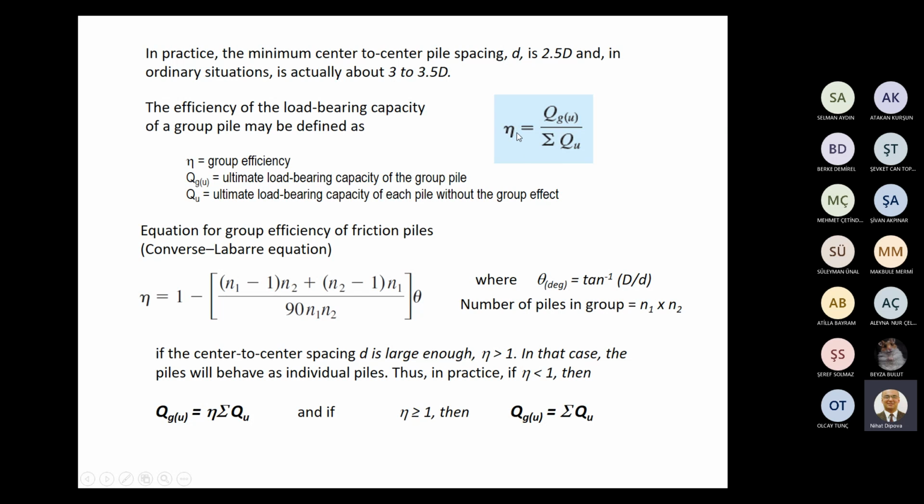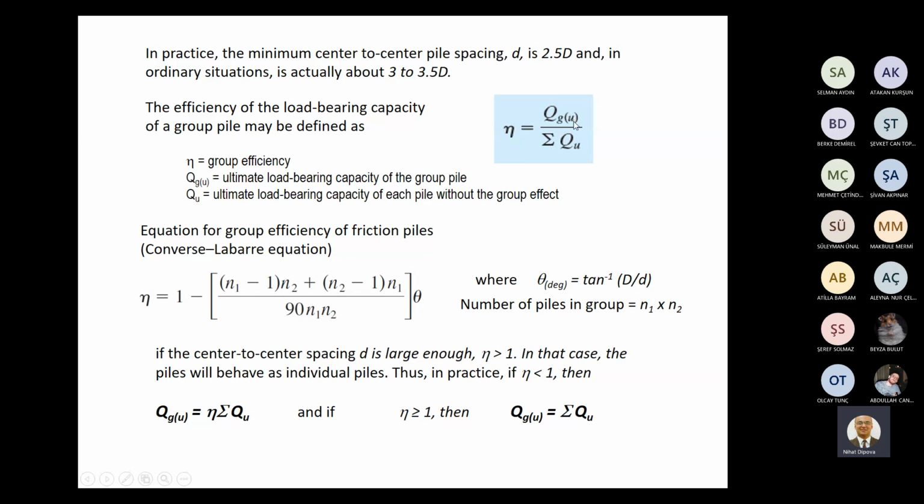Eta here represents group efficiency, and QGU is the ultimate load-bearing capacity of the group pile, and here QU is the ultimate bearing capacity of each pile without the group effect. Sigma means the cumulative capacity of all the piles.